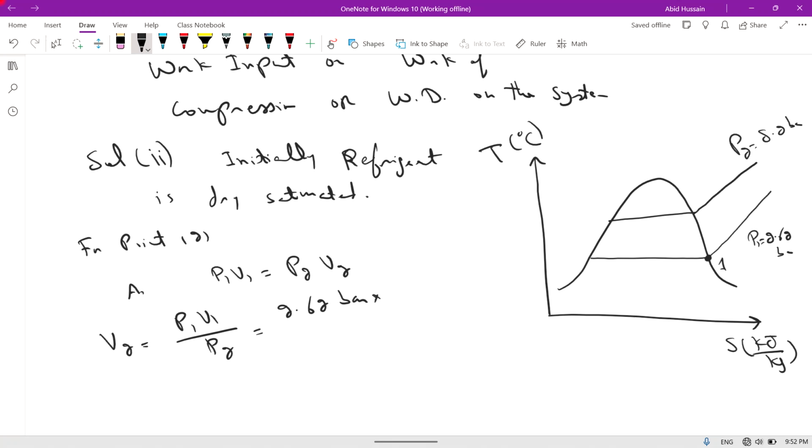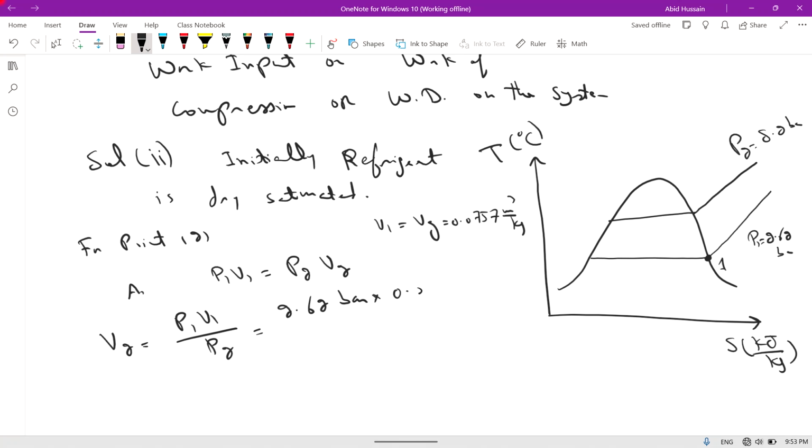V1 is equal to Vg, since initially the steam is dry saturated, and Vg from table 2 is 0.0757 meter cube per kg.